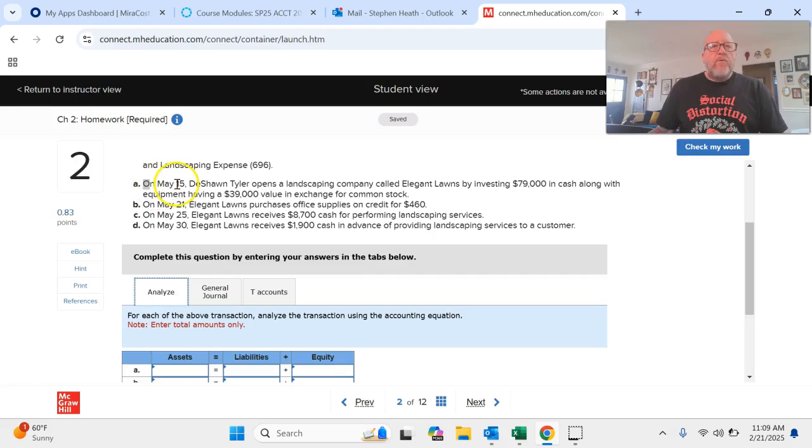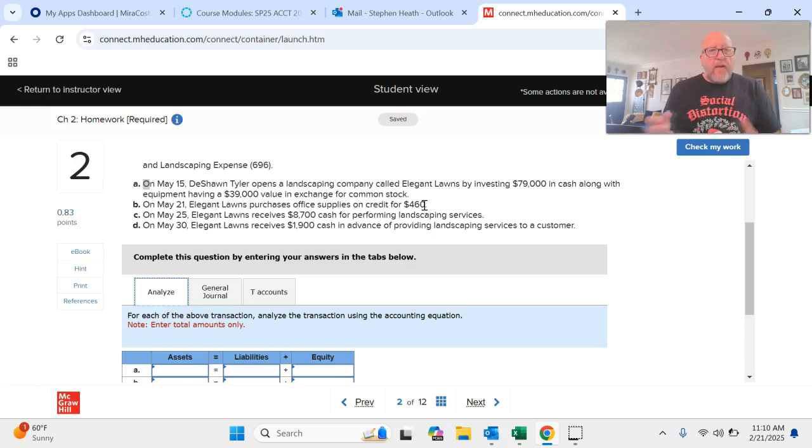If Deshaun Tyler opens a landscaping company called Elegant Lawns by investing 79,000 in cash along with equipment of 39,000 value in exchange for common stock, he's contributing two things, cash and equipment, and you can totally do that.